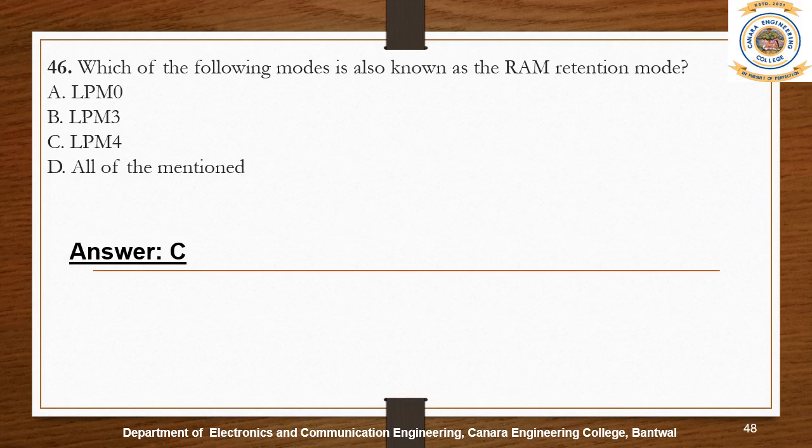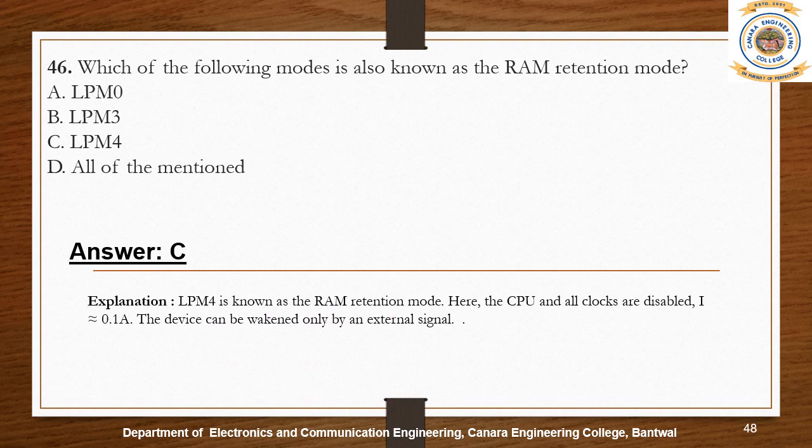In order to retain the contents in RAM, only a sufficient amount of current is allowed, approximately 0.1 amps, and all the other CPU clocks, oscillators, everything will be in off state. Such a mode is the RAM retention mode.